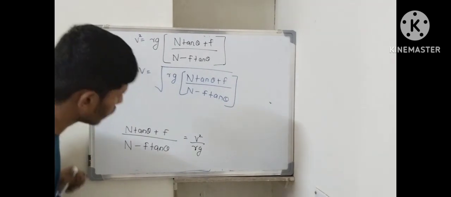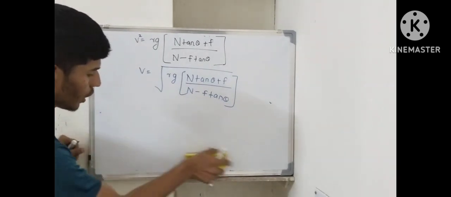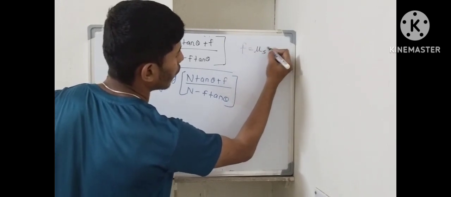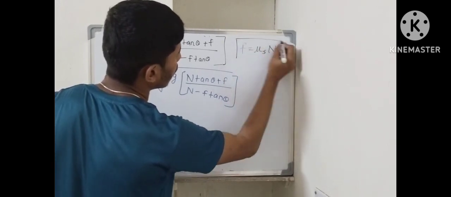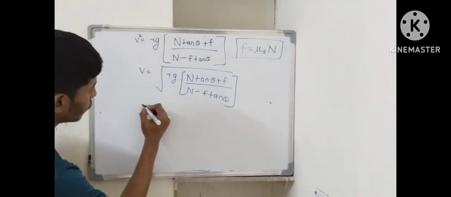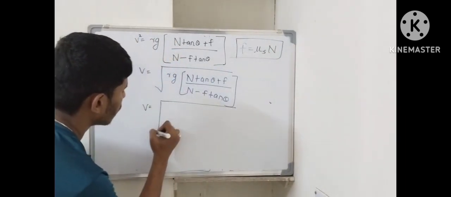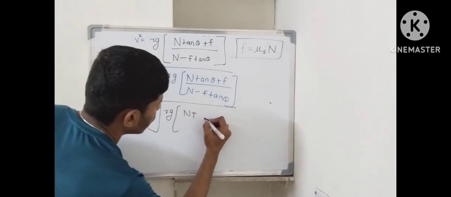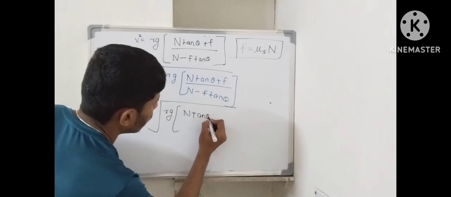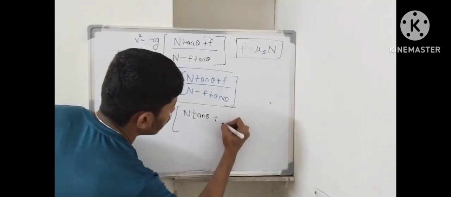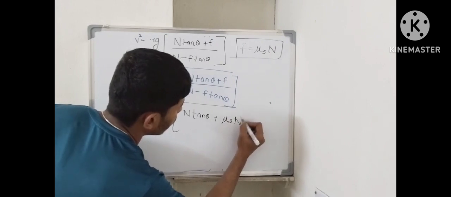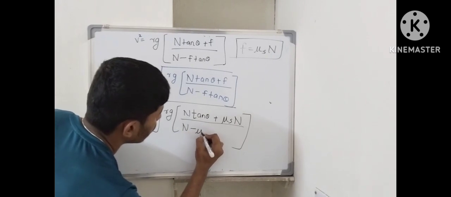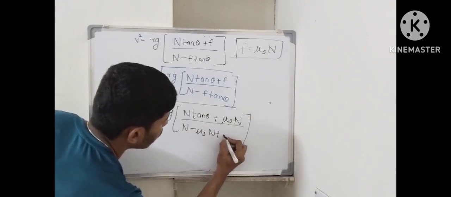The same thing we will do, that we will put the value of f, that is mu s into n. So v is equal to rg into n tan theta plus mu s into n upon n minus mu s into n tan theta.